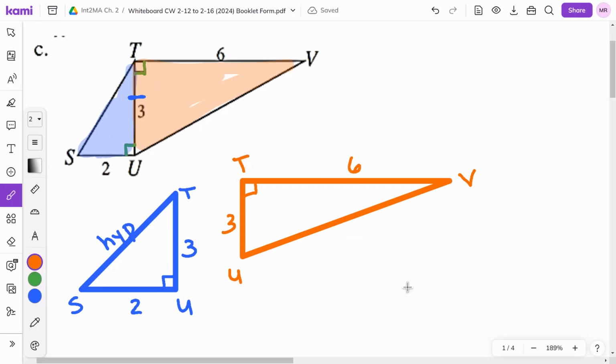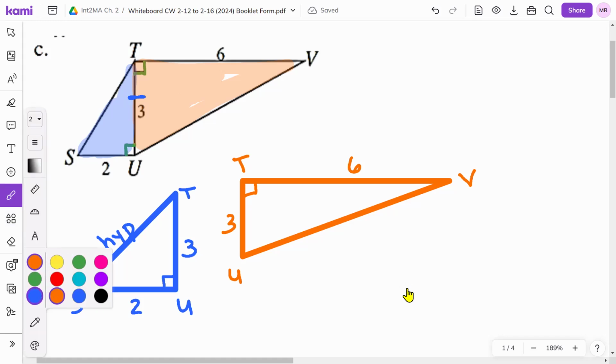Now, the problem is the smallest side in the blue one is a length of 2. The smallest side in the orange one is a length of 3. Those two sides should be the same if it's going to be congruent.